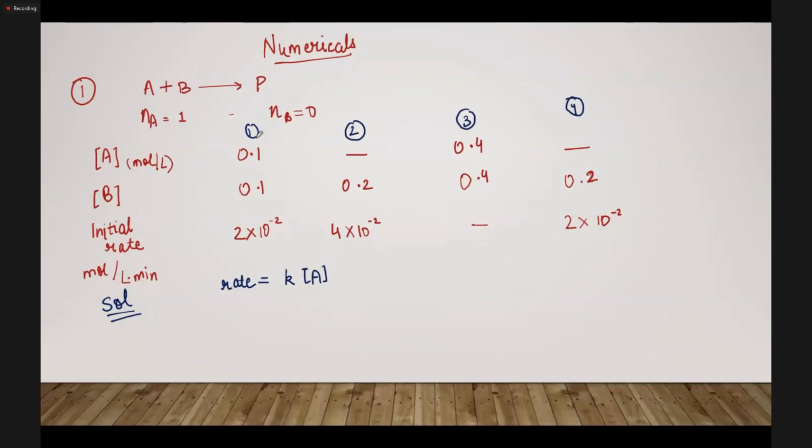Okay, so if you just look at the first column, A and B both are 0.1 and you have been given the initial rate. Now in the second column, you will change A because the rate is independent of B. So even if you have doubled B, it makes no difference, but the rate has changed. So even if you don't look at the concentration of B, you just ignore the concentration of B, and you see that the rate that is changing is changing only because of A. So actually the rate is getting doubled compared to the value in column number 1. When you compare, the rate is getting doubled, which means the concentration is also getting doubled because the order is 1.